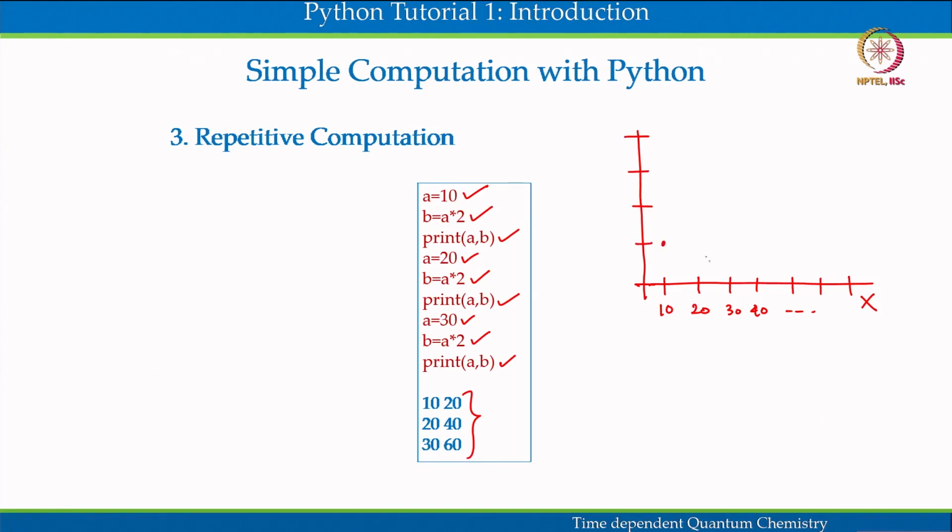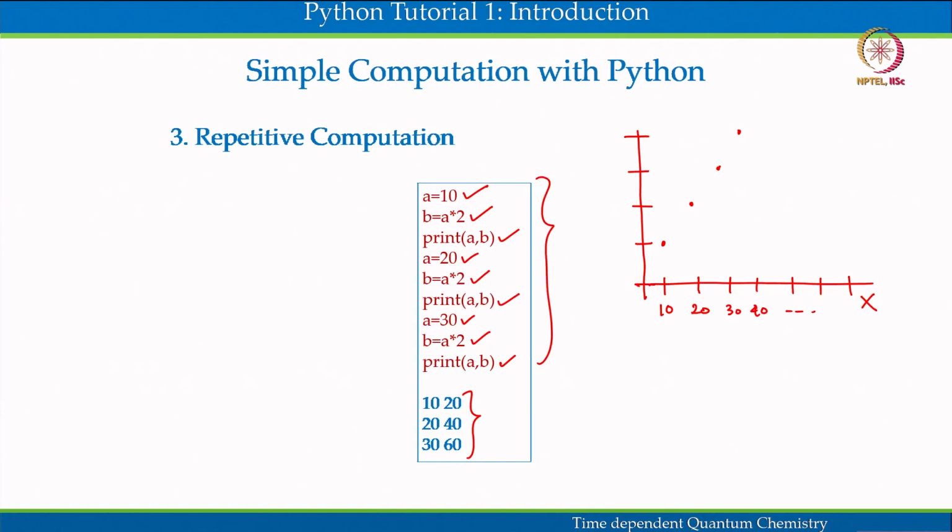So we get one point here, another point probably here, another point probably here. Like this we repeat that, and this kind of repetition in computation is required on many occasions. This is just one example. For graph plotting, we use that.